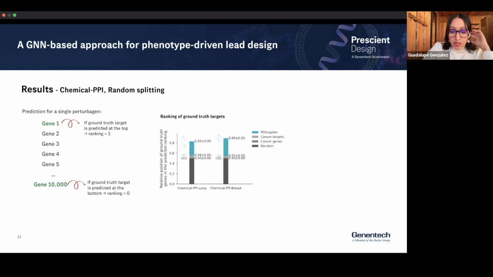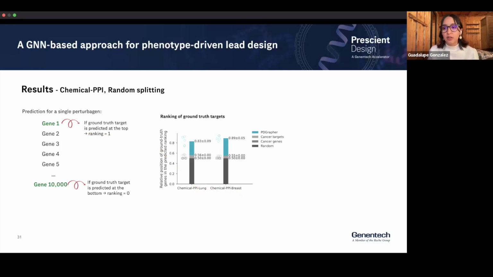And here we show the results for both the lung dataset and the breast dataset. And these results throughout the presentation are on chemical datasets on the random splitting, the one where we have new and seen perturbations, just for simplicity.